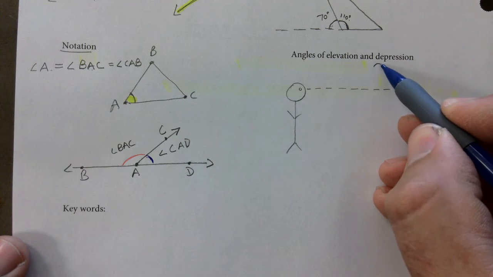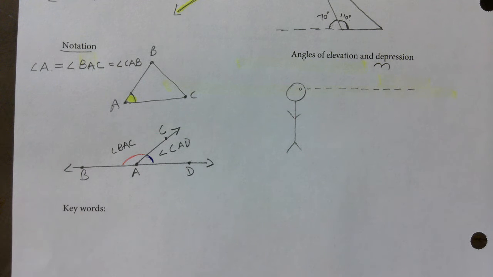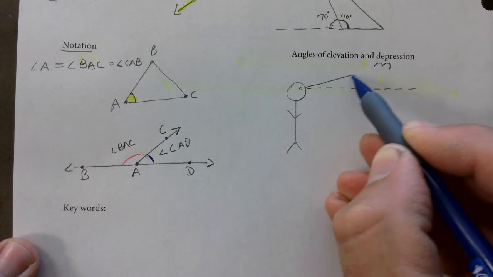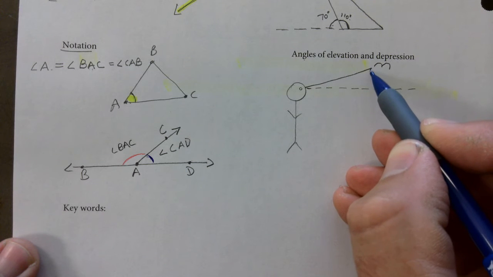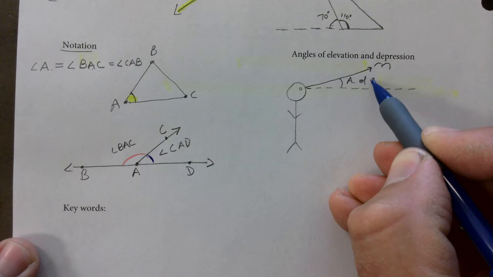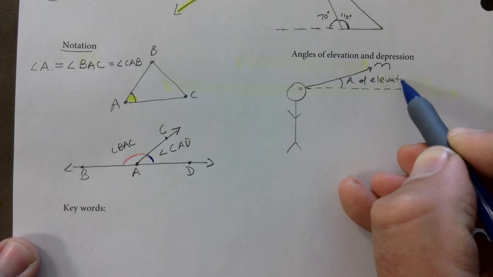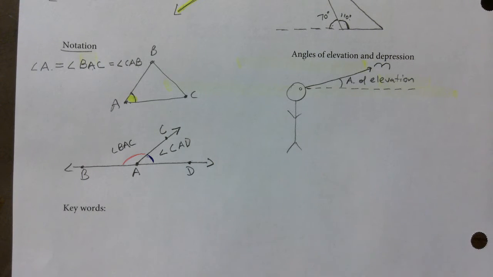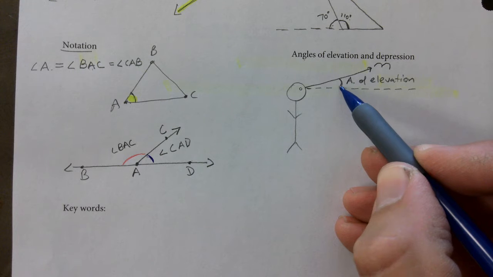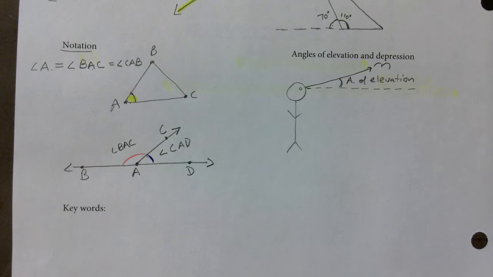If you were to see a bird, or you look up at a tree, or you look up to a plane or a kite or a mountain, the angle formed between the horizontal and the line of sight, that is called the angle of elevation. You're elevating, right? It's going up. So this angle right here is called the angle of elevation.